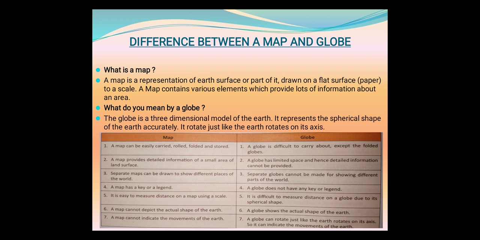However, in some cases, a globe has advantages over the map. The advantages are: a globe shows the actual shape of the earth, whereas a map cannot depict the actual shape. A globe indicates the movement of the earth, but a map cannot indicate the movement of the earth.